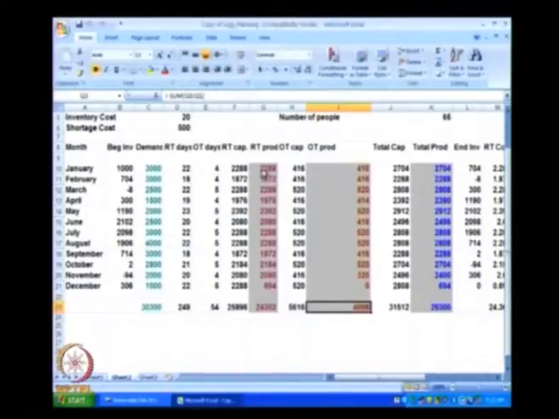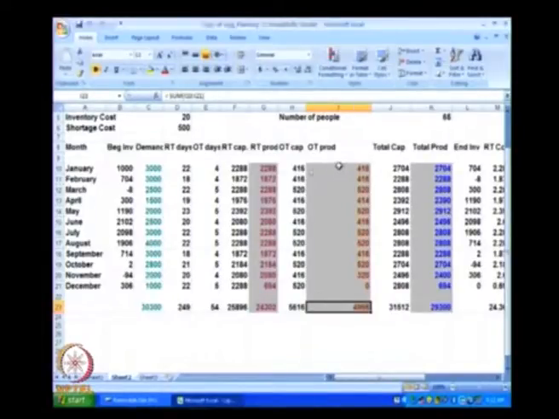Now instead of filling these two individually, the user will try and fill a number here which will be less than or equal to 2704. In this case we have filled 2704. The moment we fill 2704, we can assume that the maximum possible 2288 will go to regular time production and the balance will go to overtime production.